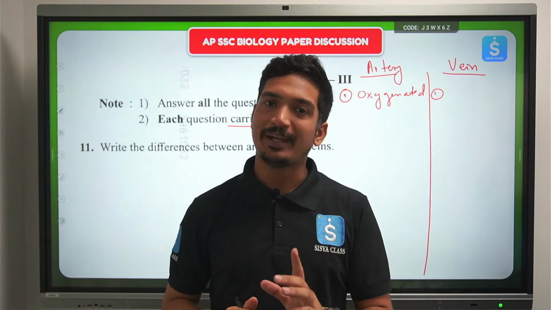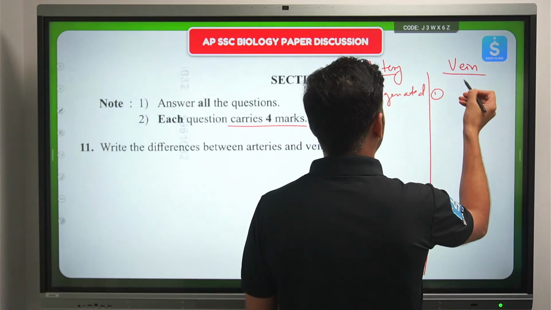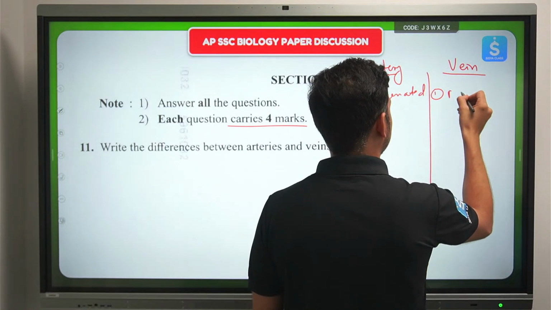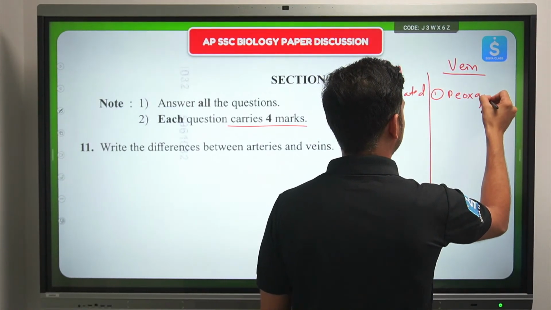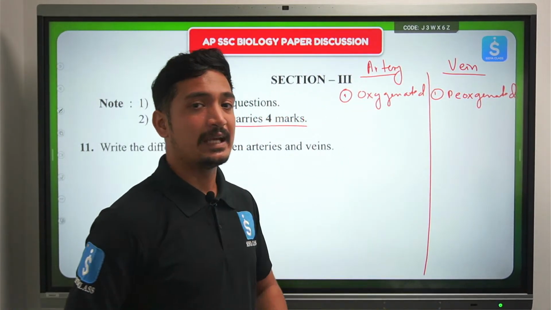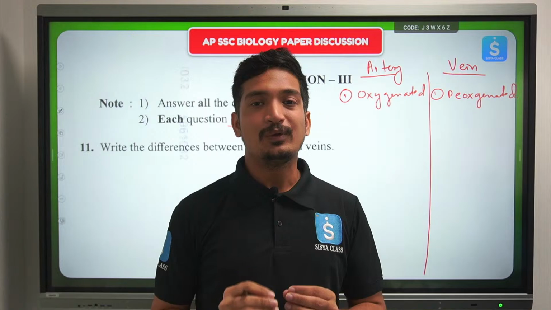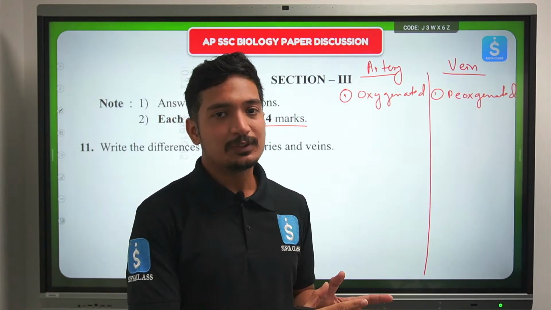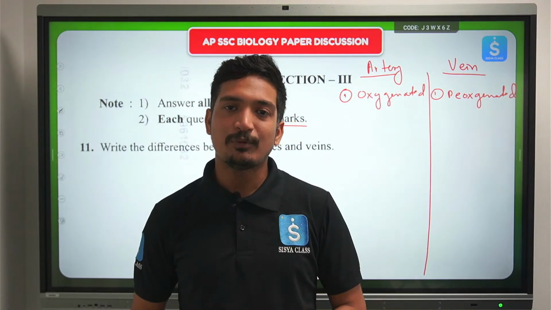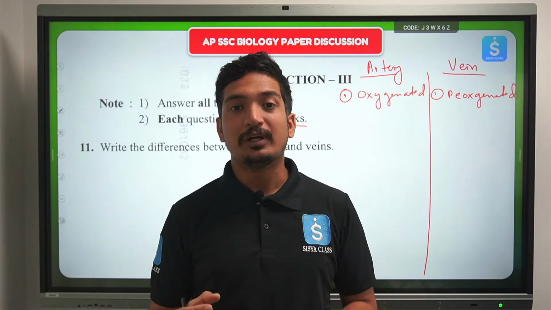So that is just one exception. And then vein will carry deoxygenated blood. However, over here also we have the same exception: the only type of vein which carries oxygenated blood is the pulmonary vein.